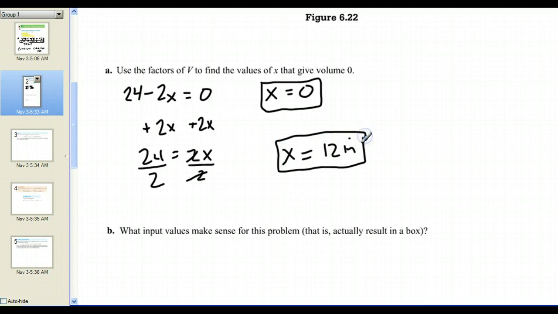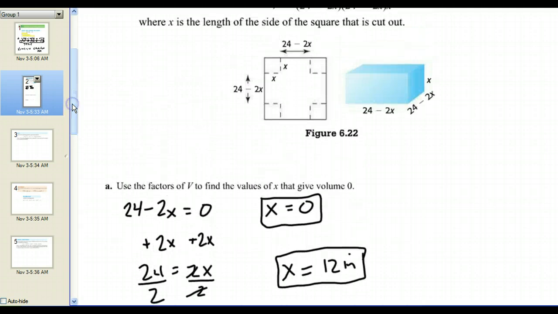Alright, now let's think about this for a second. Why are these our two solutions? Well, if I cut off nothing, then I have a 24 minus 0, a 24 by 24 inch piece of flat board.